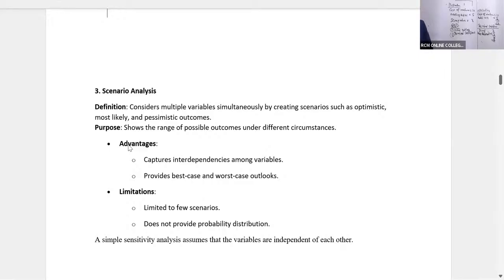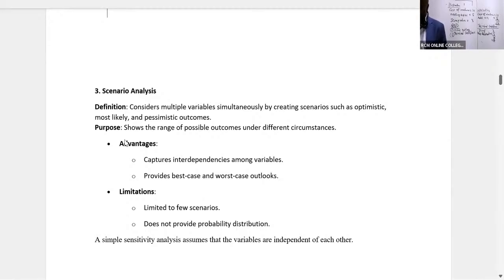The definition: this considers multiple variables simultaneously. Remember, sensitivity analysis was looking at the variables one at a time. Scenario analysis looks at those variables changing simultaneously by creating scenarios such as optimistic, most likely, and pessimistic outcomes. The purpose is to show the range of possible outcomes under different circumstances.